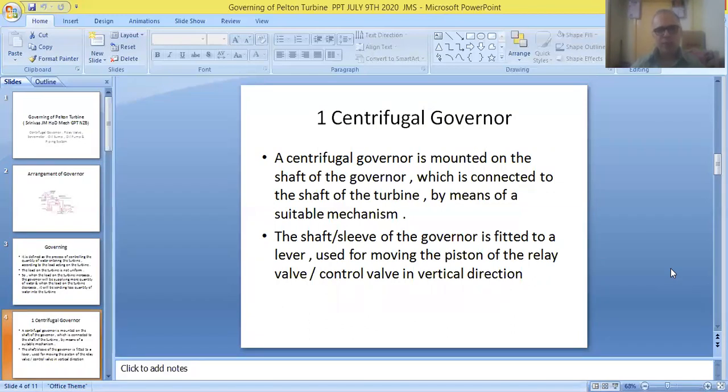Ultimately, that is used for moving the piston of the first cylinder in vertical direction. That means the lever moves in clockwise direction for moving the piston in downward direction, and it will be moving in anti-clockwise direction for moving the piston in upward direction.